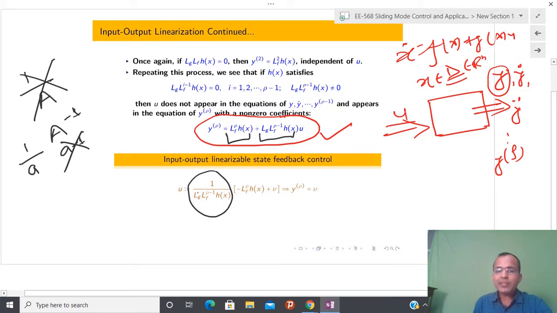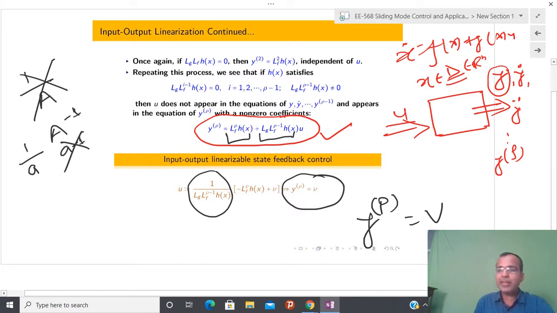After that, if I design the control like this, then this is my system. My system is now p times differentiable, and it looks like this.